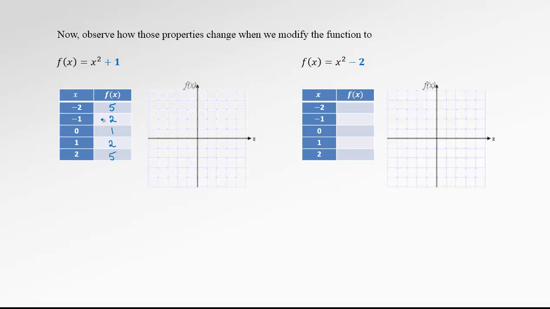So let's plot those points. We'll start with the middle one, which is our vertex, right? So (0, 1), that's this point. Now, 1 across either way from 0, the value is 2. Or we can think that way, starting from the vertex: we can go 1 across both ways and 1 up.